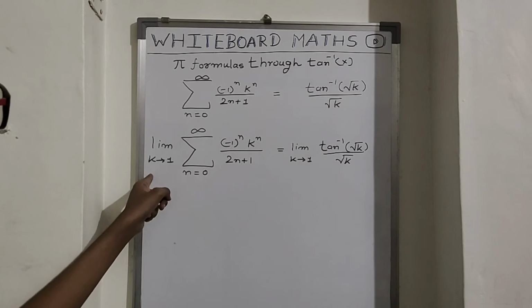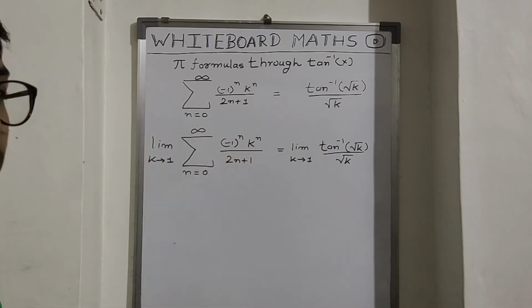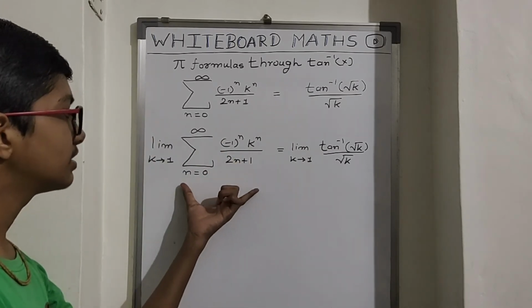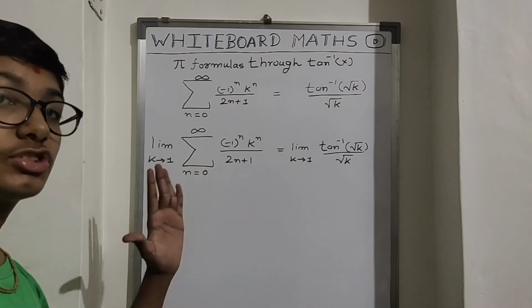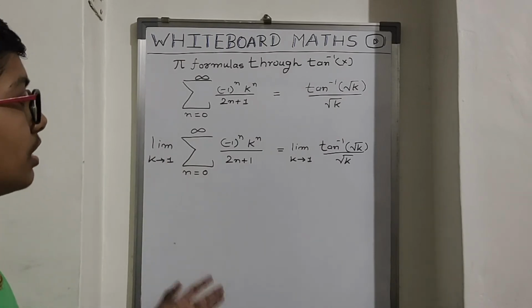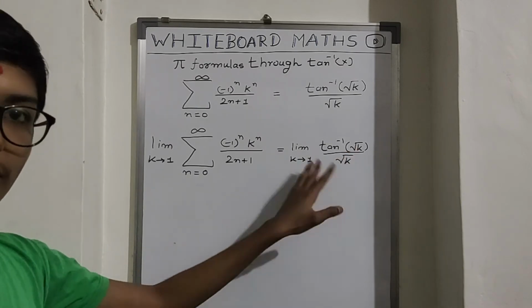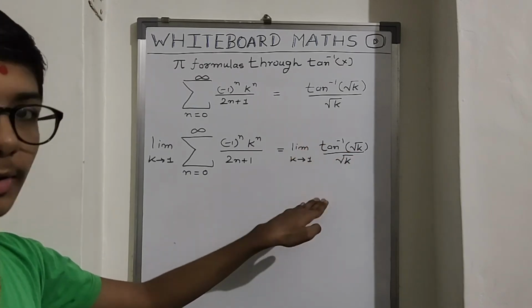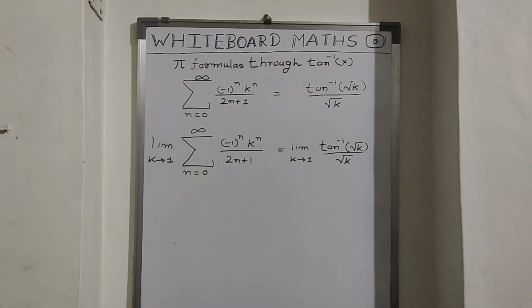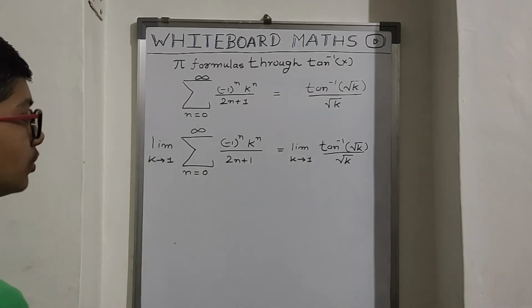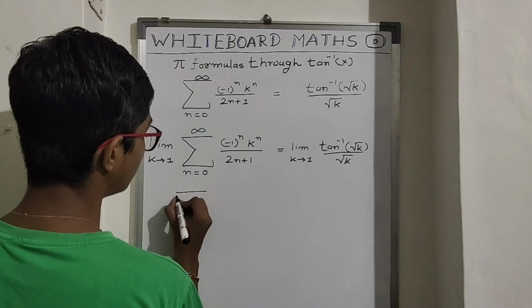If you put k equal to 1 here, you would see that this series converges uniformly, and the right hand side, as we put k equal to 1, also is not a problem at all. So we could safely put the value k equal to 1 here, and we would get this.